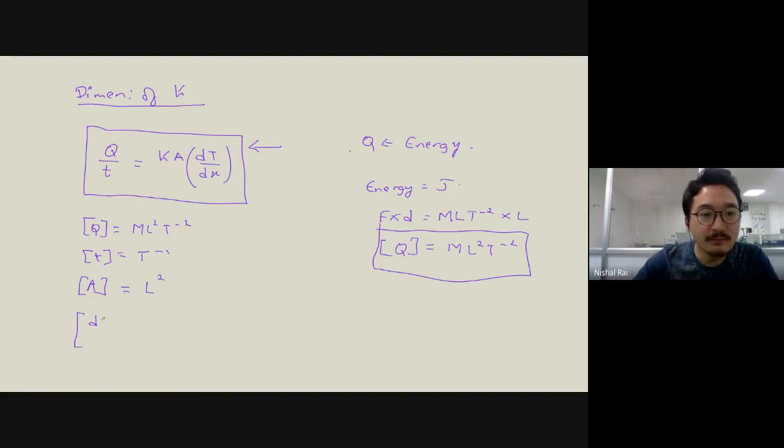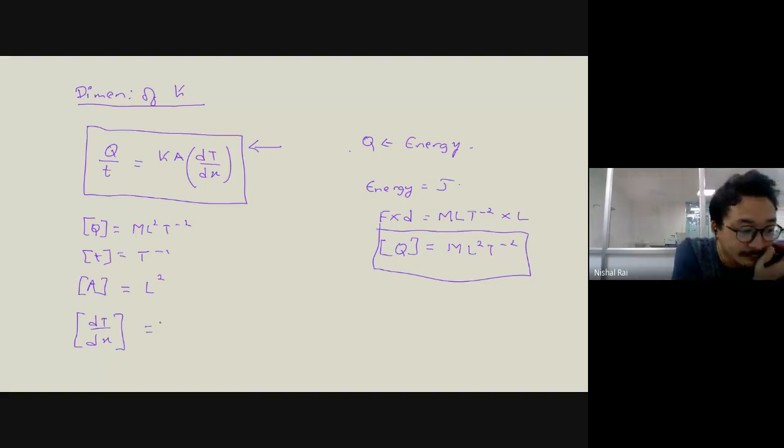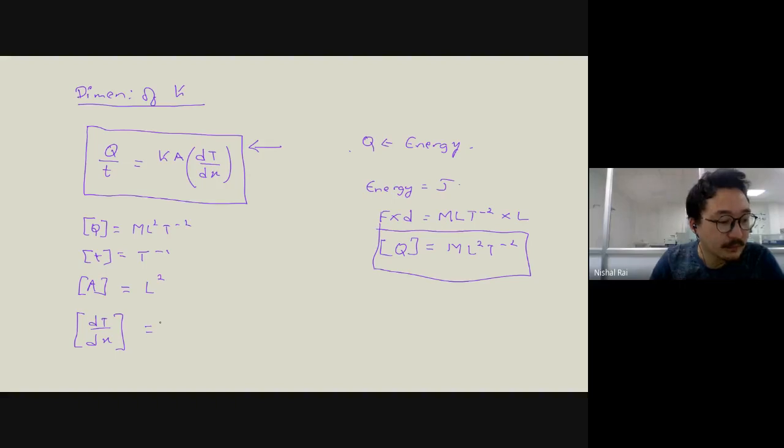So the dimension of dT by dx, now this is slightly complicated. How do you find this? dT is basically a temperature, with a dimension of degree Celsius or something. For simplicity, let's write this as theta, or temperature.